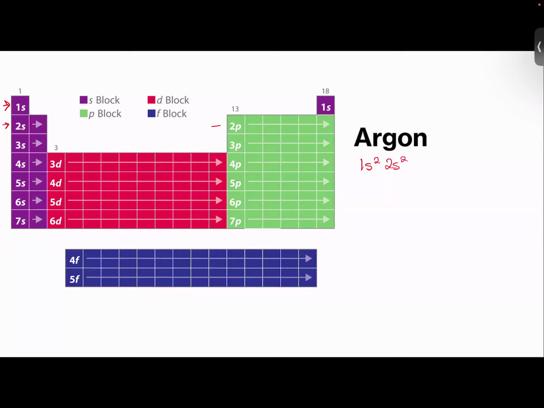Then we go to the 2p, and it is 6 elements across. Then we go to the 3s, and it is 2 elements across. Then we go to the 3p, and argon is the 6th element in that. So its electron configuration is 1s2, 2s2, 2p6, 3s2, 3p6.